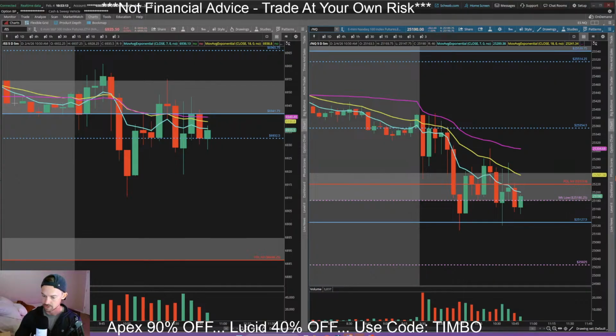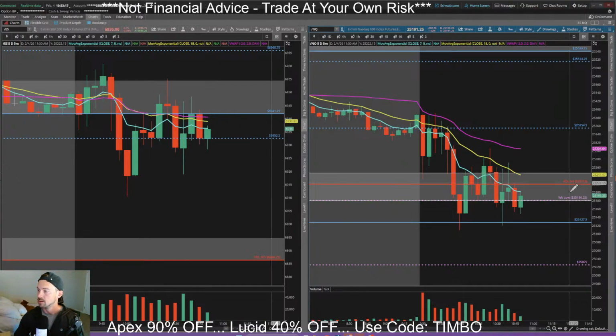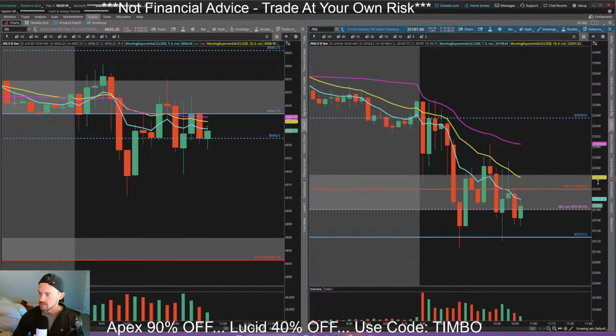Looks like they're pushing it. Alright, I'm out again. Alright guys, I think I'm going to call it a day. I'm just not getting any follow through on my trades. This volatility, I'm just not able to give these trades wide enough stops. I wonder if they're going to wick me out again here and drop now.